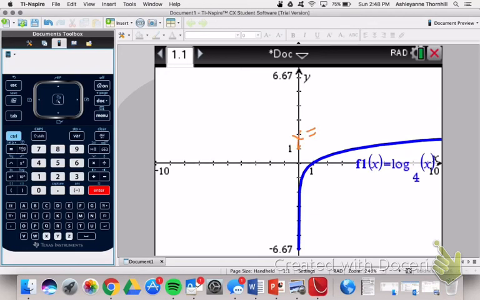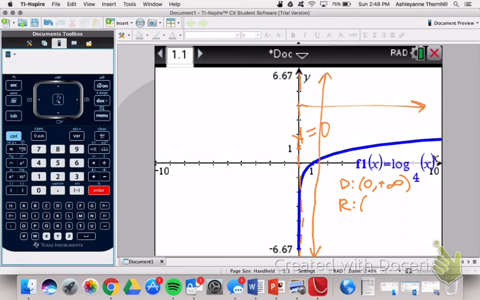This would be x equals 0, my vertical asymptote. Imagine just a vertical line that is dashed. It doesn't touch it, but it approaches it, and then it goes out to positive infinity. So domain would be from 0 to positive infinity, and then range, it goes on forever, so negative infinity to positive infinity.